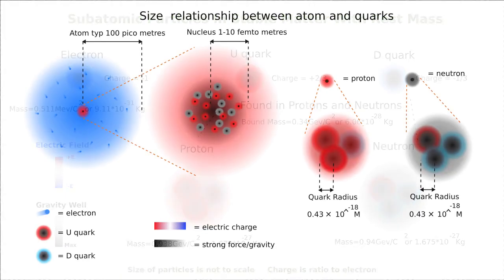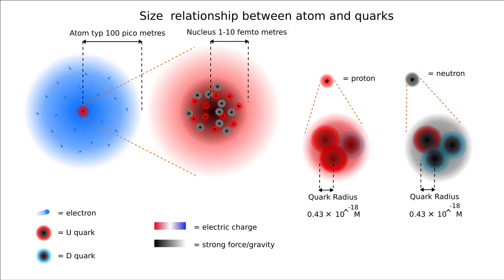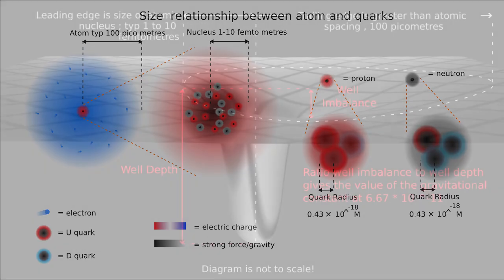The range of the force of an atom's gravity well is only a few femtometers. It barely extends beyond the size of the nucleus and would not influence neighbouring atoms, which are 5 to 6 orders of magnitude further away. Black box thinkers call this the nuclear strong force.